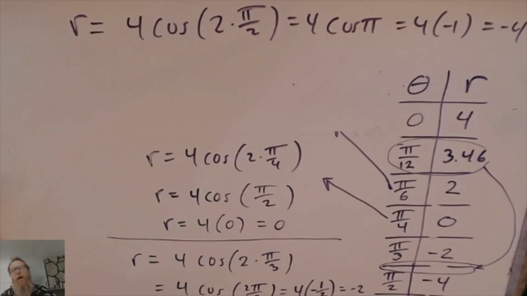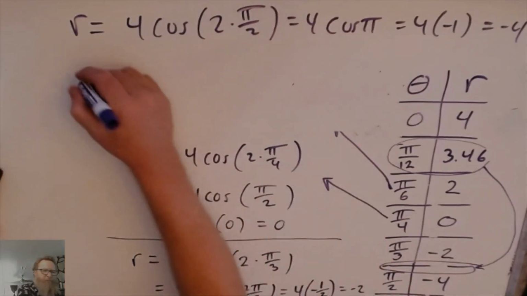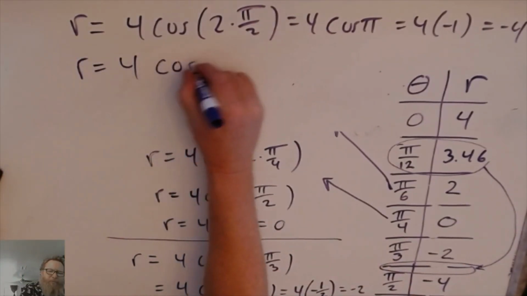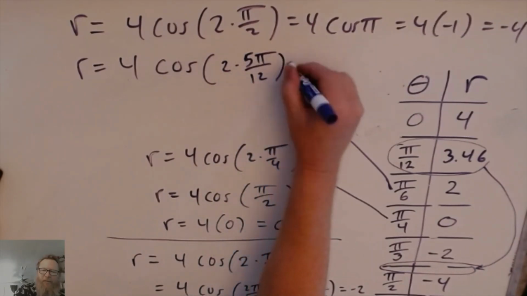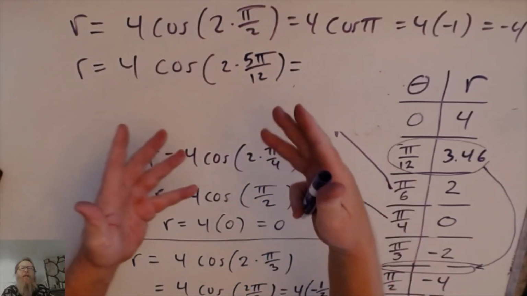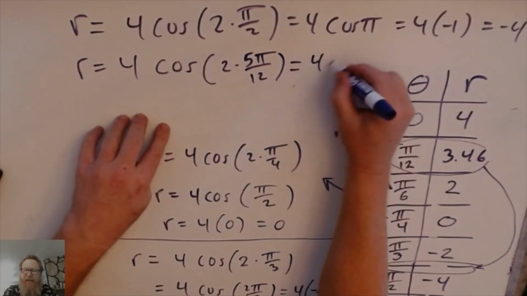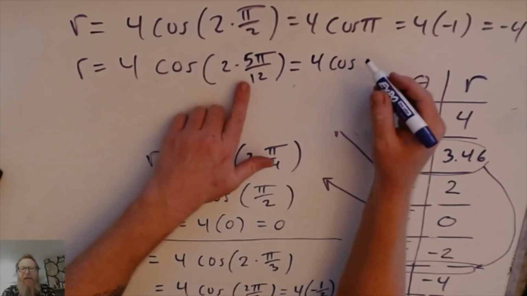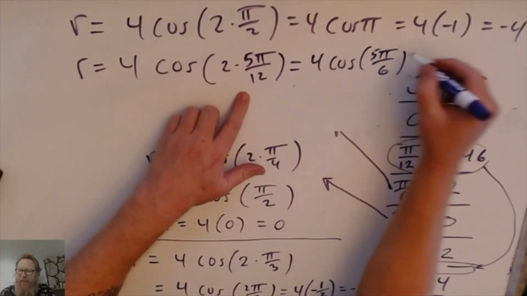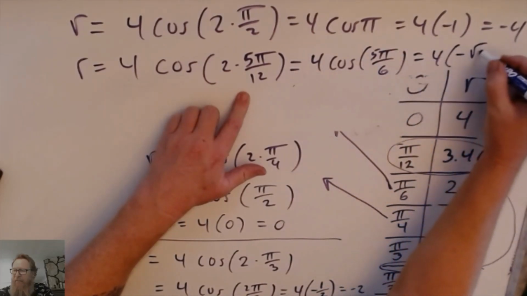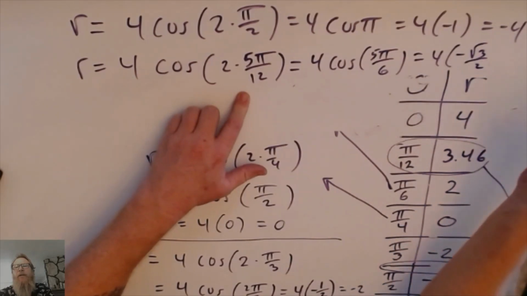5 pi over 12. See, I didn't think to make that choice. Right? But after I realized I missed that chance, I can still go back and pick it up. 5 pi over 12 would become 5 pi over 6, which would be negative root 3 over 2.